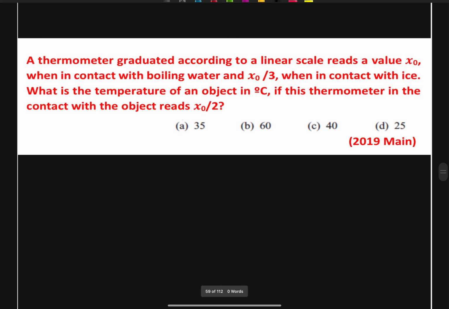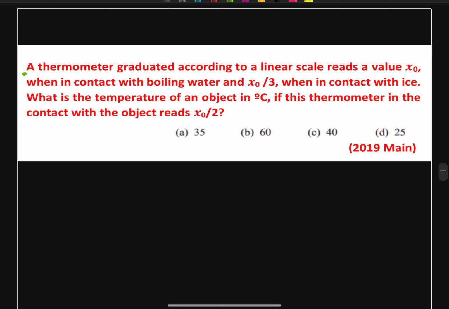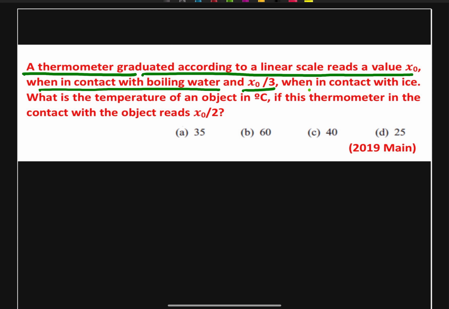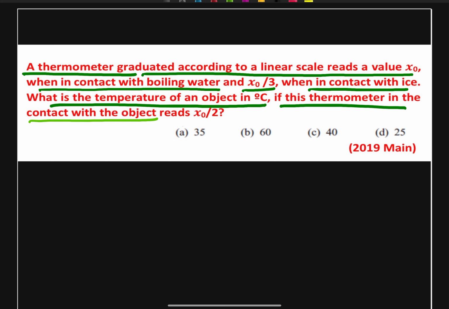It states that a thermometer graduated according to the linear scale reads a value x naught when in contact with the boiling water and x naught by 3 when in contact with the ice. What is the temperature of the object in degree centigrade if this thermometer in contact with the object reads x naught by 2?